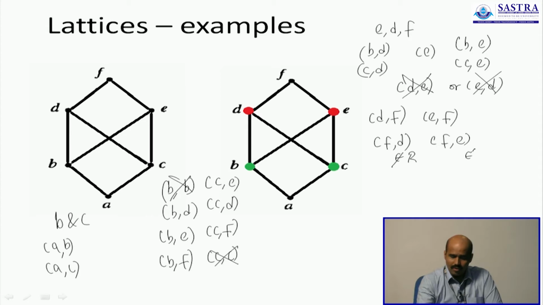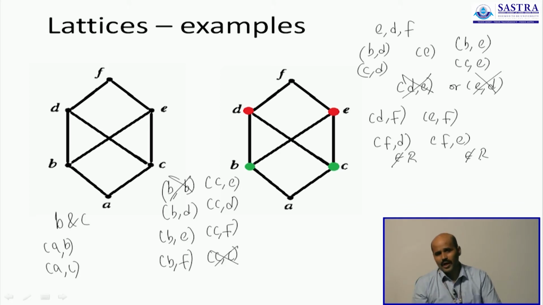So F, though an upper bound, can only be an upper bound, cannot form the least upper bound, and that's why you don't find the LUB for the elements B and C, and just because of that reason this poset cannot be a lattice. It's only a poset, because there are a couple of elements which do not have an LUB. That's ruled out.